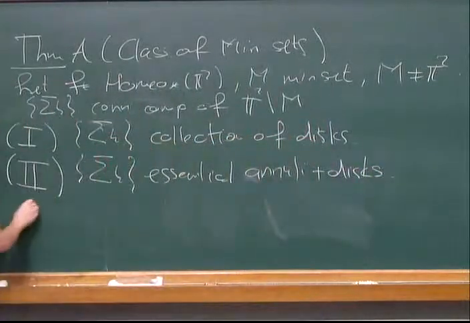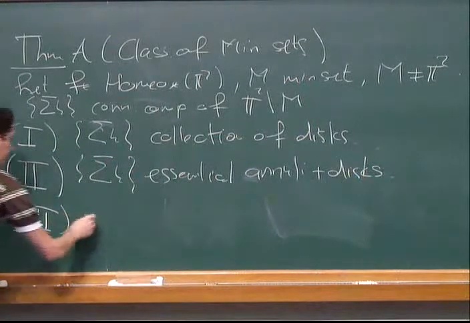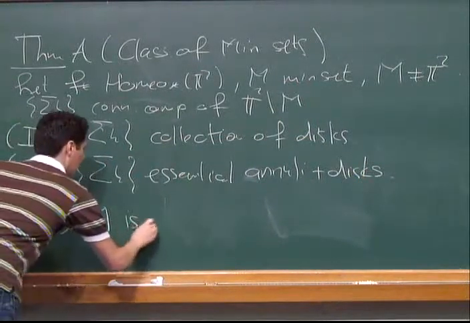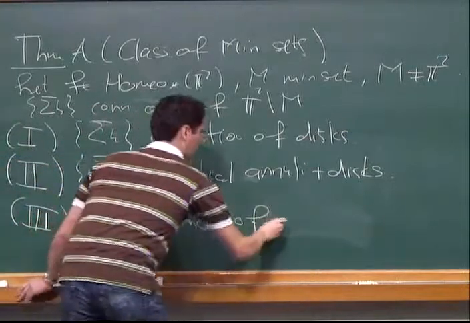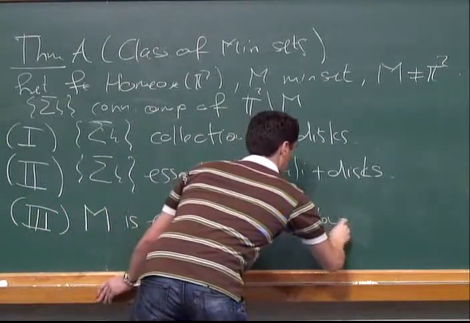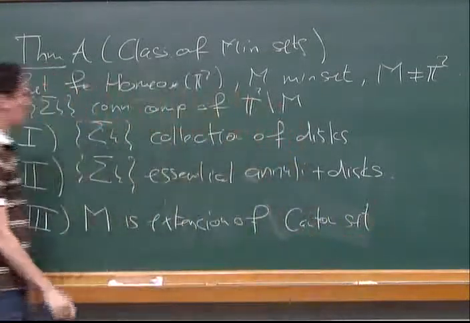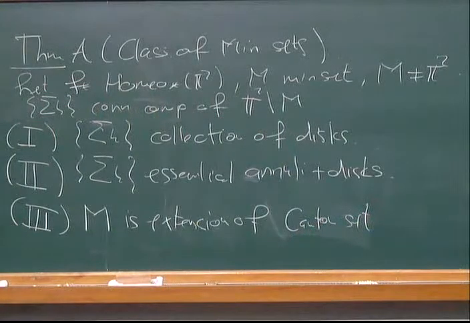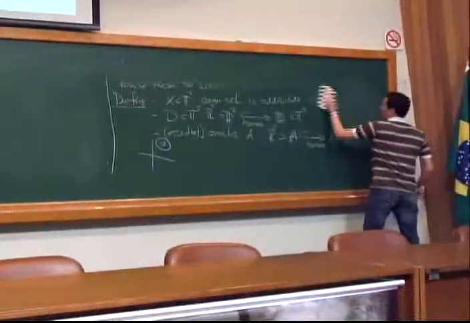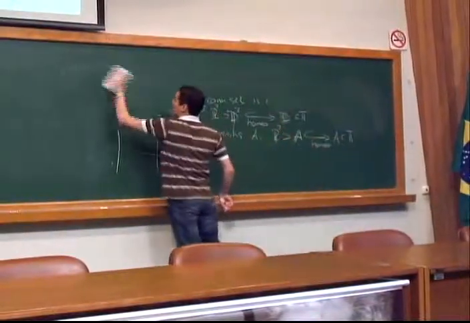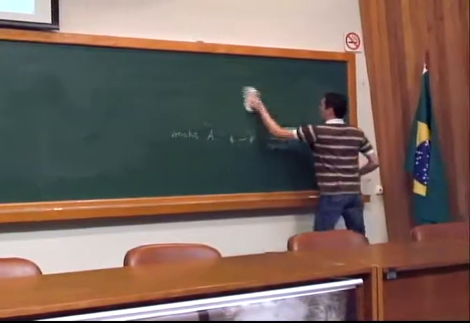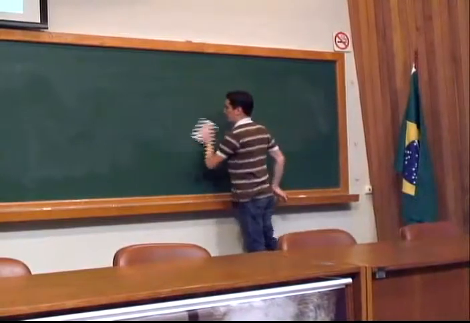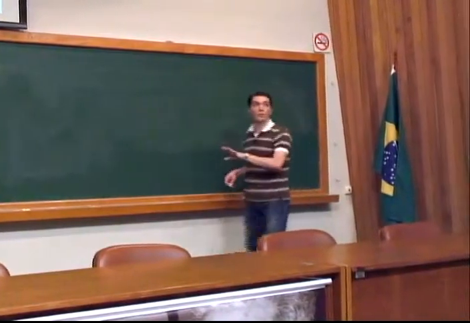And three, that's your extension of a Cantor set. So I should make a couple of remarks and see what this means. It's sort of a rough statement anyway, but if you observe a couple of things, I think things become more clear. But I would have to say that follows more from the proof than from the statement.